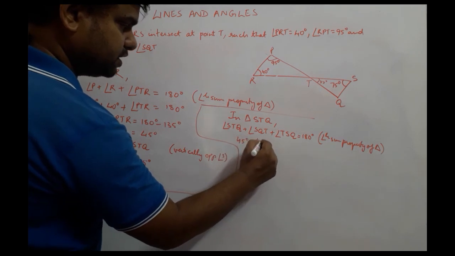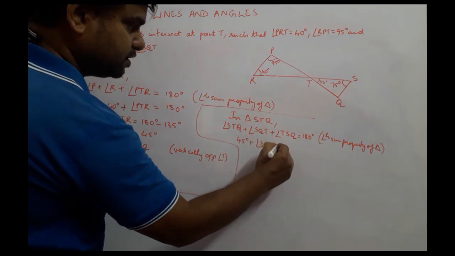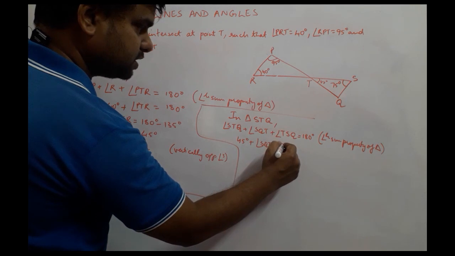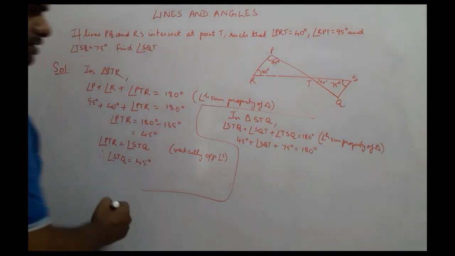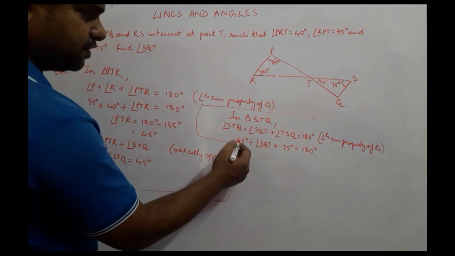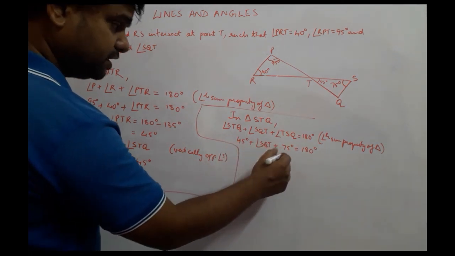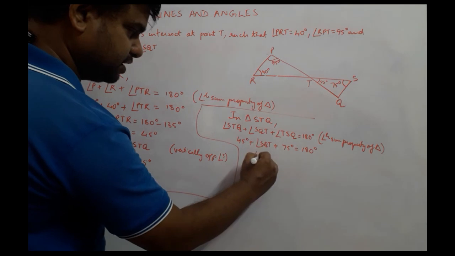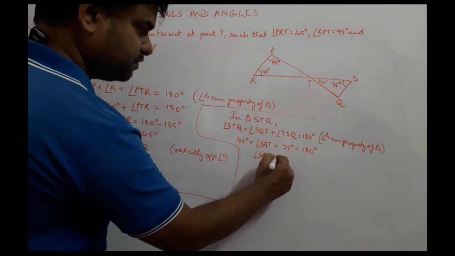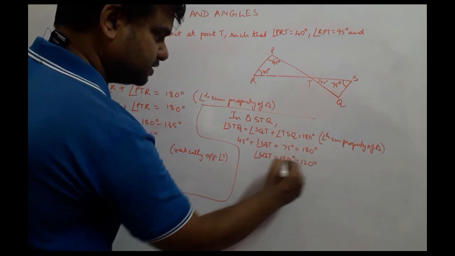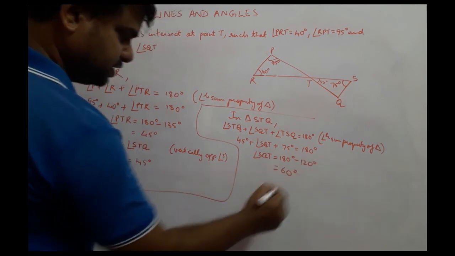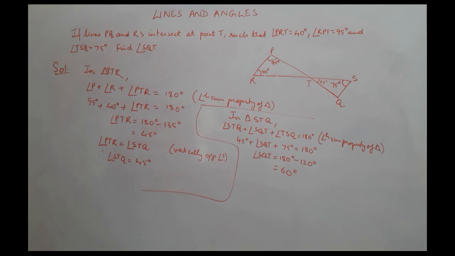We don't know what is SQT. We need to find that out. TSQ has been given to us as 75 degrees, and everything is equal to 180 degrees. 75 plus 45 gives us 120 degrees, which we take on the other side and it becomes negative. SQT will be equal to 180 degrees minus 120 degrees. That comes to 60 degrees. So that solves our second problem.